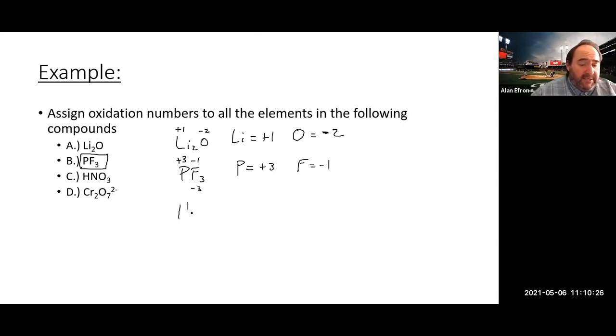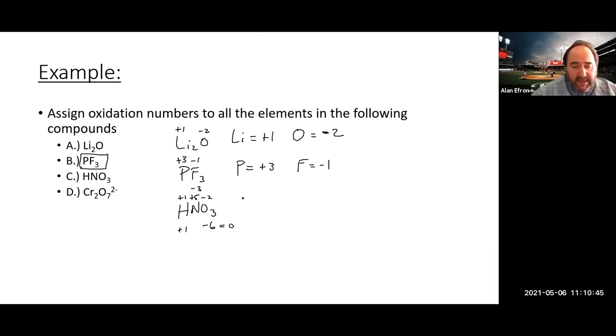Looking here at HNO3, again, starting with our oxygen, which is a good place, that's -2. That gives us a -6. Hydrogen is +1. In this case, the overall charge is 0, which means the nitrogen needs to be +5.